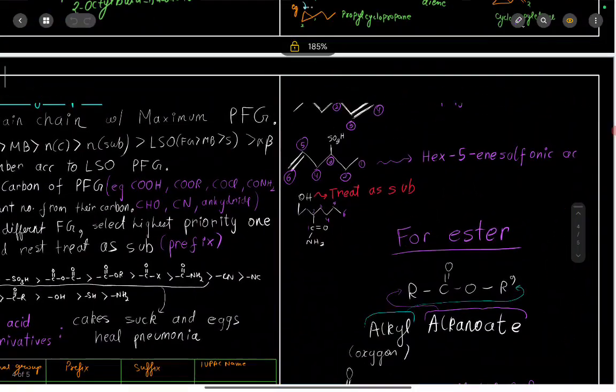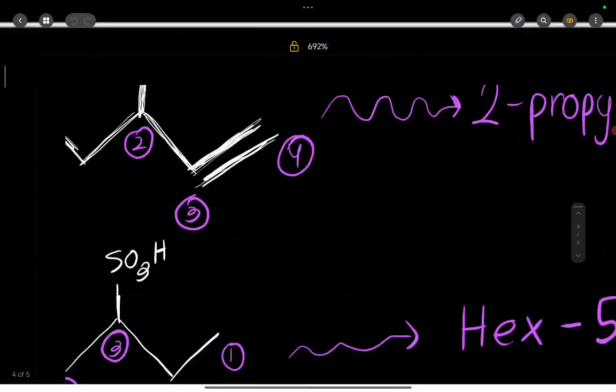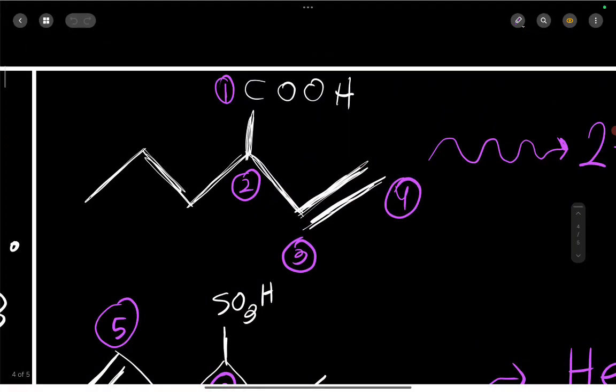For example, here we saw that we can include carboxylic acid in the main chain. So, without looking at anything else, we start numbering from here. And now, which way do we go? This way or this way? Well, of course, this way, because this has more multiple bonds.